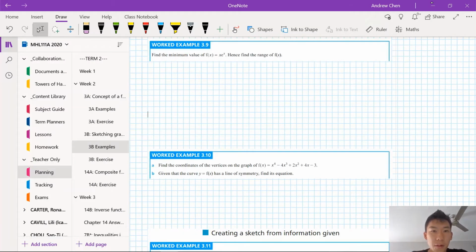Example 3.9: find the minimum value of f(x) equals x e to the x, hence find the range of the function. Alright, so let's graph this one as well.